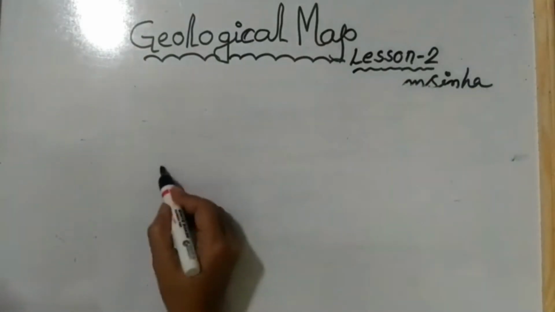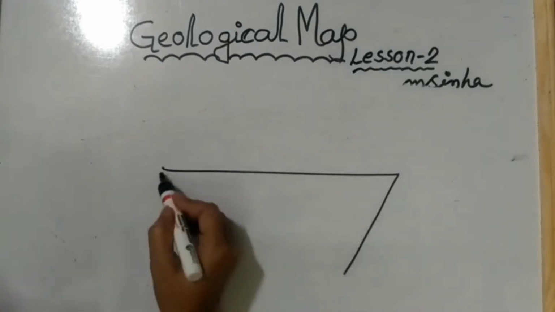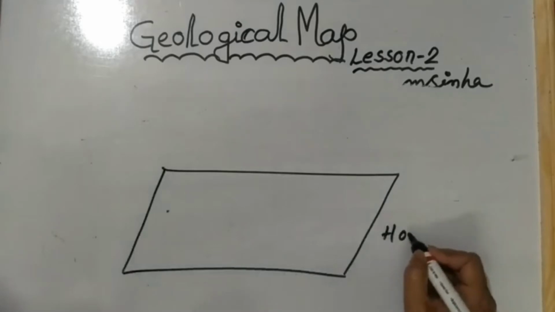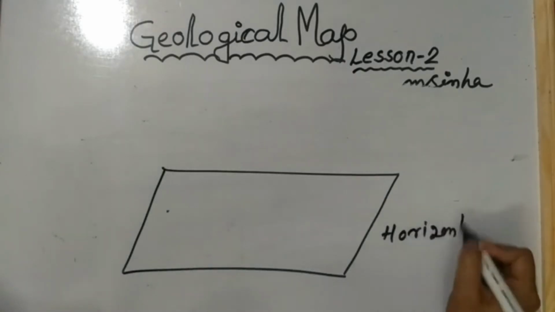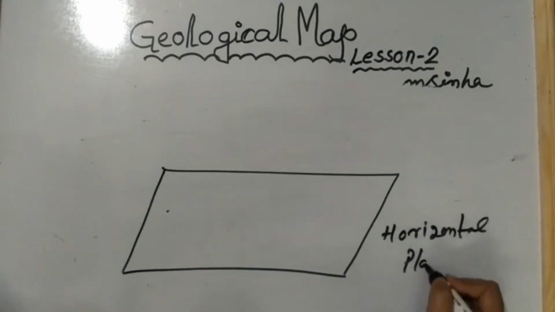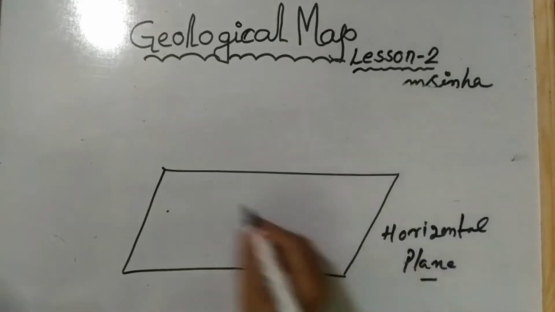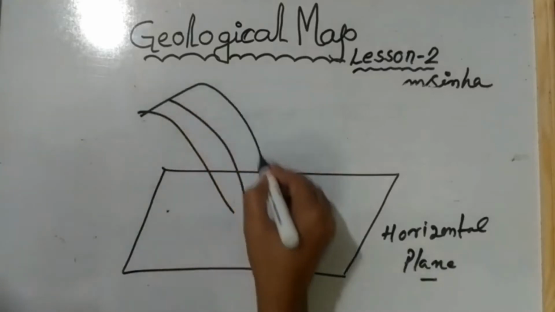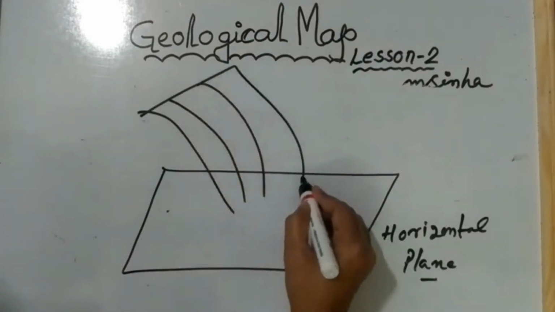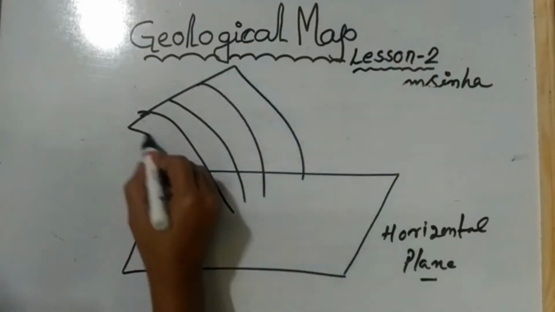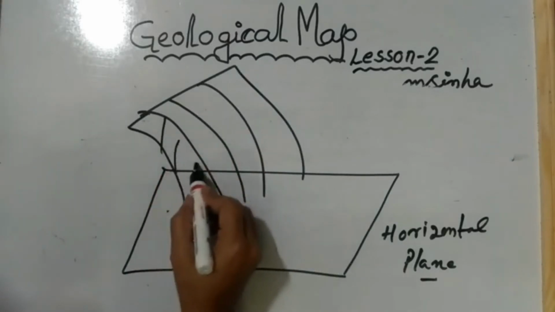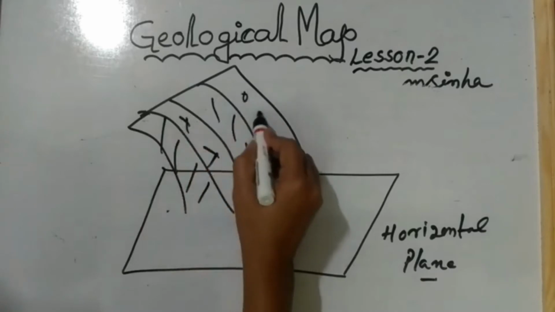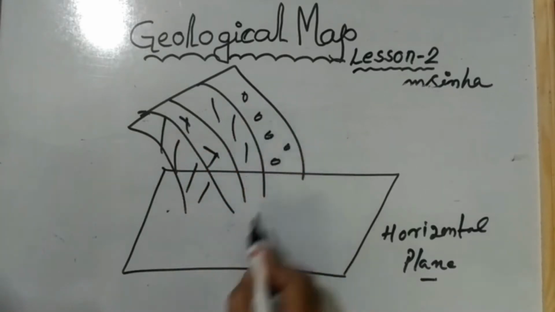Suppose this is the horizontal plane. And here particular beds are dipping or inclined. This is bed 1, this is bed 2, this is bed 3, this is bed 4, and so on.